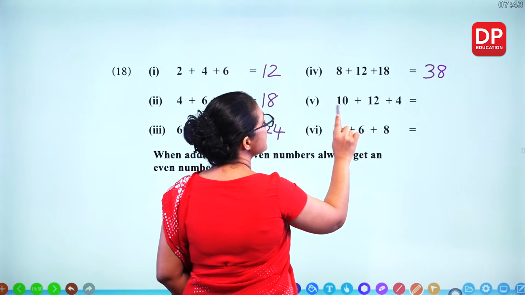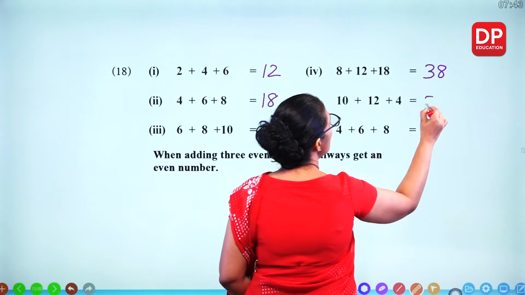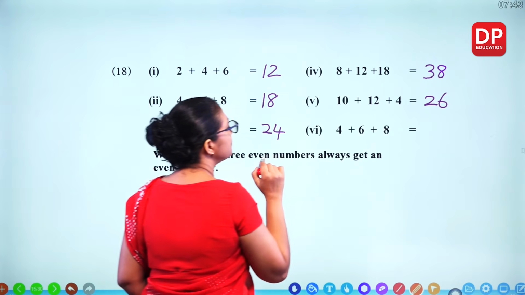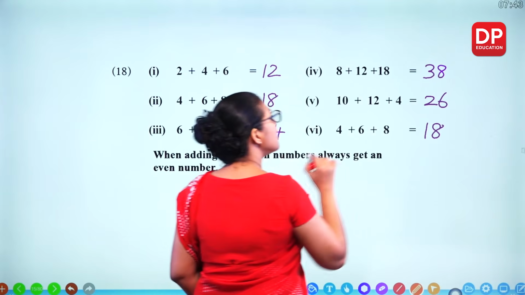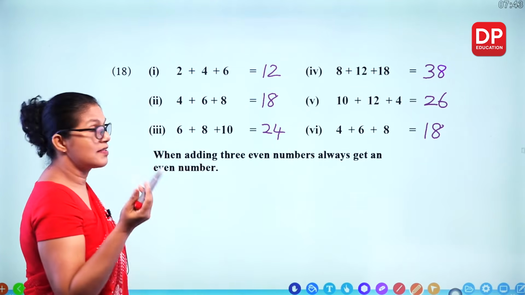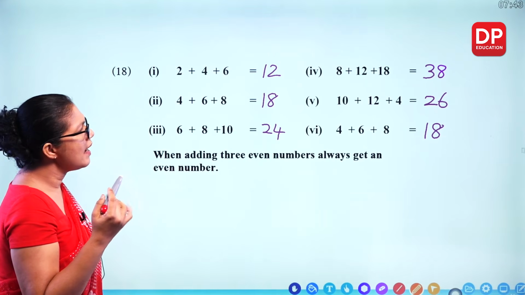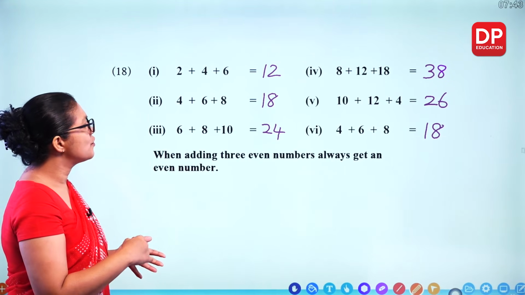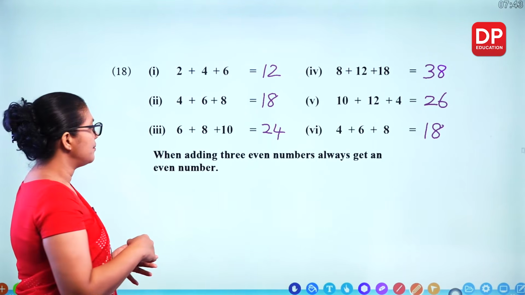This one, 12 plus 10, 22. 22 plus 4, 26. 10 plus 8, 18. Now what happens? Still you get an even number. 12, 18, 24 all are even numbers. So when adding 3 even numbers, always get an even number.